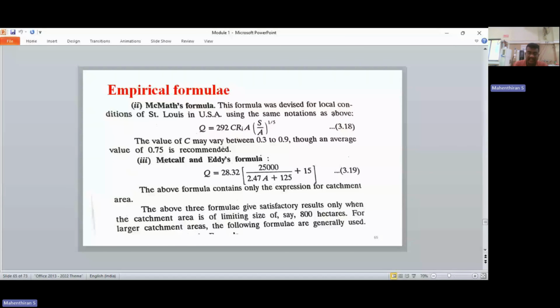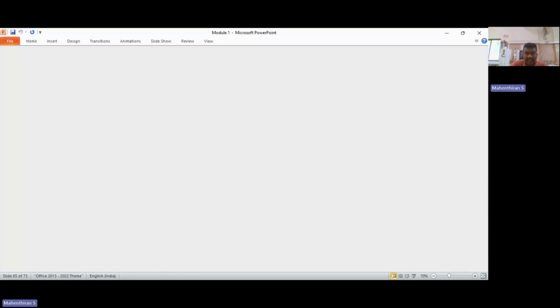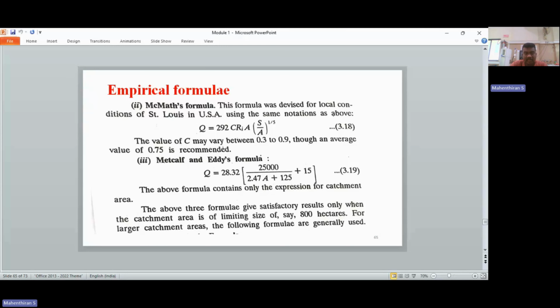This is the critical point. Unlike the previous two formulas, Metcalf and Eddy's formula does not include rainfall intensity, slope of the ground, or the surface coefficient C, imperviousness. The only variable in this formula is A, that means the catchment area in hectares.